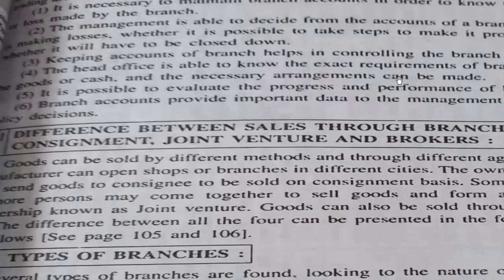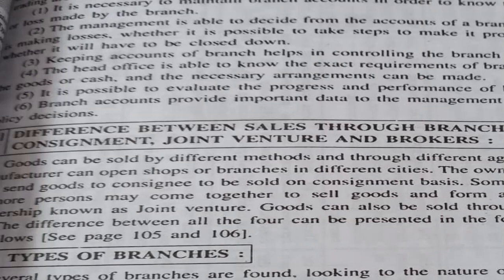By maintaining the branch accounts, the main office will be aware of every requirement of the branches, whether they require any cash, any goods, or any important equipment. The head office can easily provide these necessary things to the branch offices if we are aware of the requirements, and from the accounts we can be aware of the requirements.